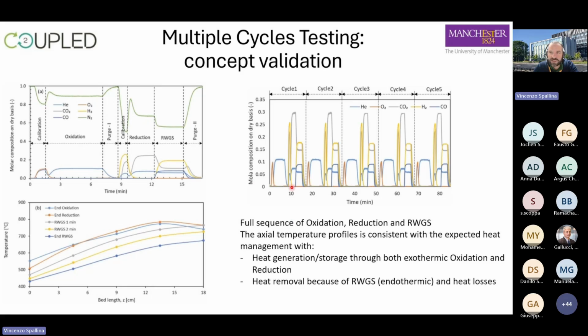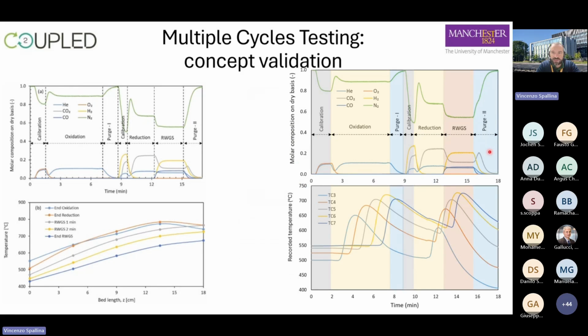We could operate this for 5 consecutive cycles for longer than 1 hour, so those were short cycles. So we could validate the concept again in this case. Another interesting thing, looking at the thermocouple profile over time, is that when there are heat losses, the temperature drops kind of constantly with a certain slope.